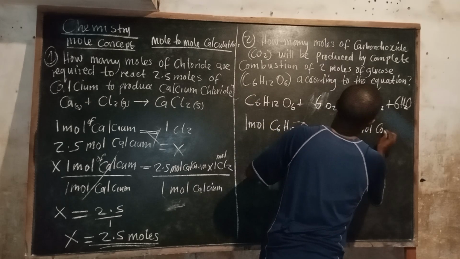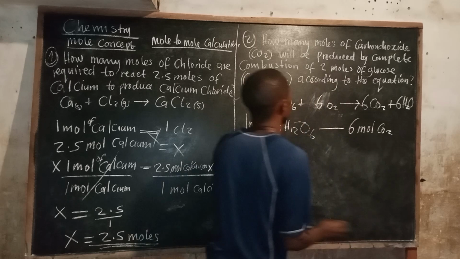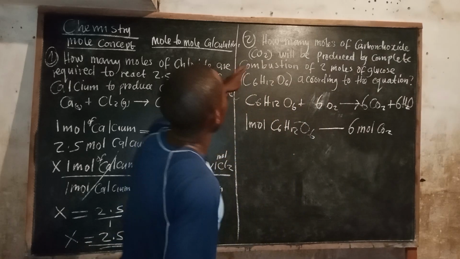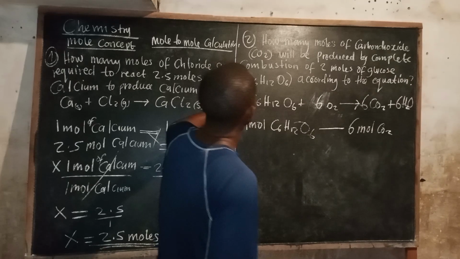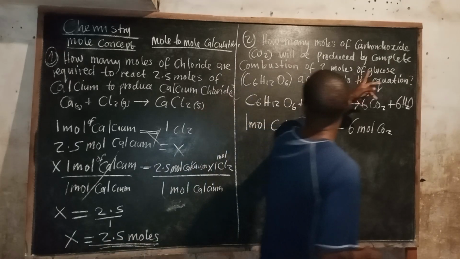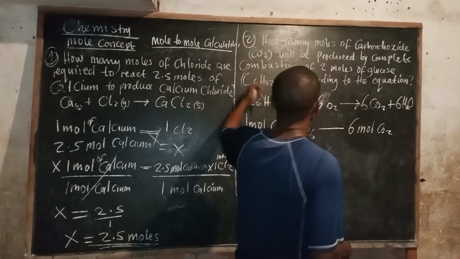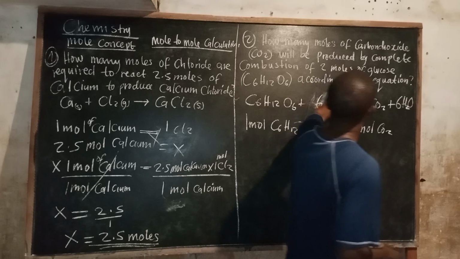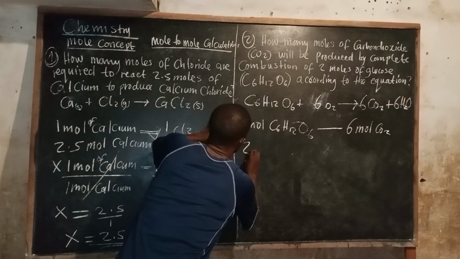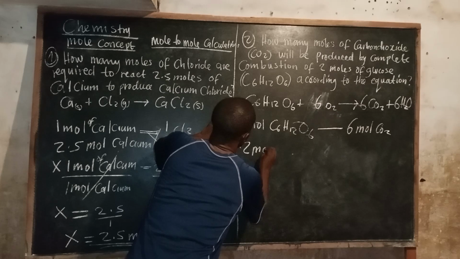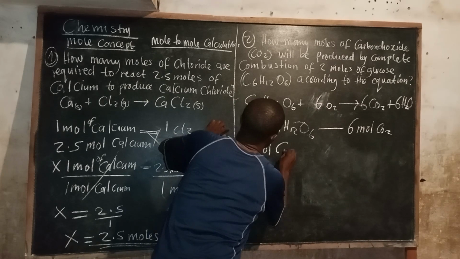of carbon dioxide. Okay, how many moles of carbon dioxide will be produced by complete combustion of 2 moles of glucose? So what about 2 moles of glucose?